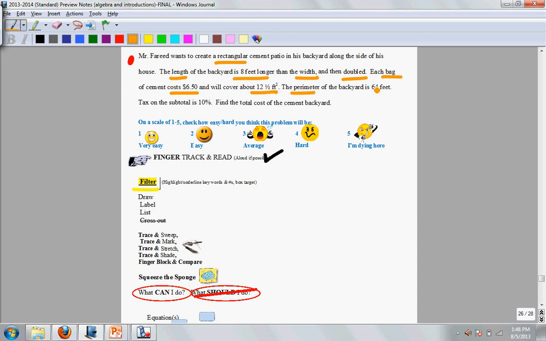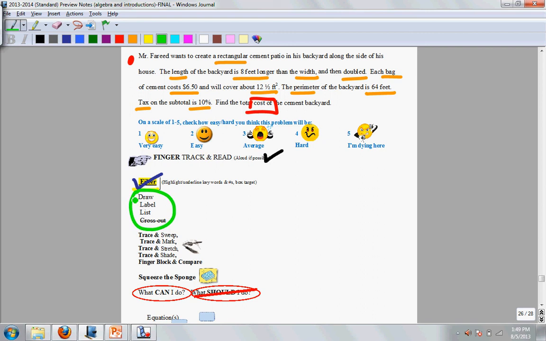The perimeter of the backyard is 64 feet. Tax is 10%. I always like to box what I'm trying to find. What I'm ultimately trying to do is find the total cost. Okay, that's number 2, filter. That's called filtering. That helps your brain not be so overwhelmed with all the words. You narrow it down.